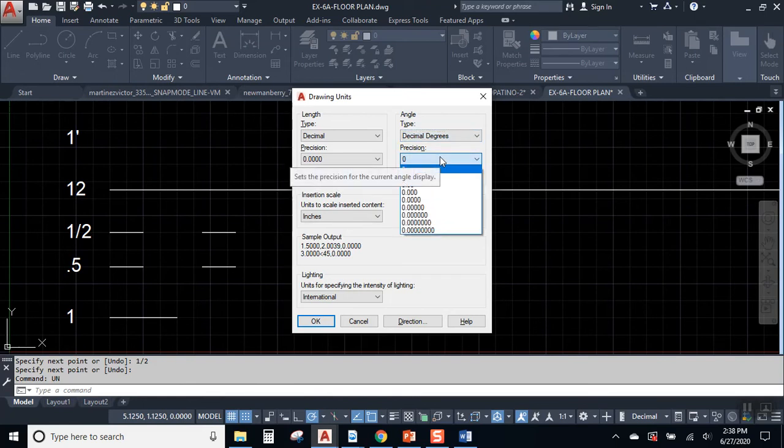For a decimal degree, do you want to go to the nearest degree, the nearest tenth of a degree, the nearest hundredth of a degree, the nearest thousandth of a degree? If we're working in degrees, minutes, and seconds, we're going to go to the nearest degree, the nearest minute, the nearest second, the nearest tenth of a second. Setting these up will be how AutoCAD gives you feedback while you're working.